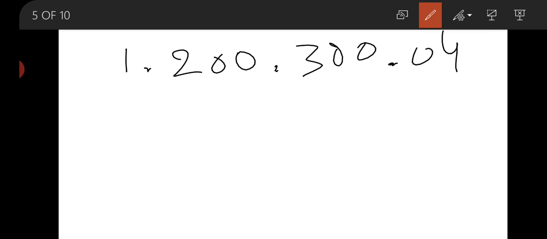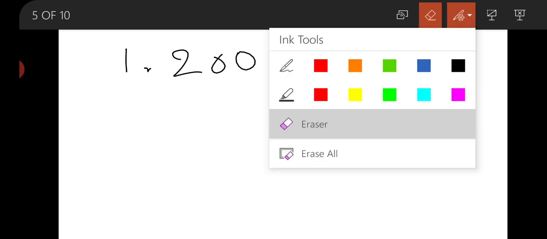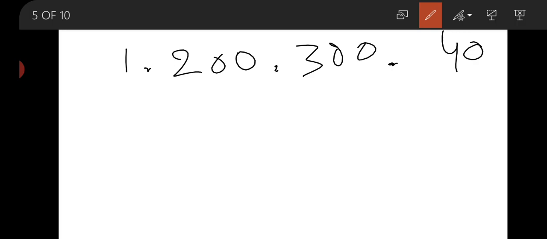1.200.300.04, suppose that this is 40. This is your IP address. This is the pattern of your IP address.